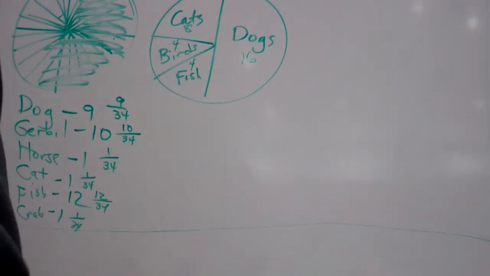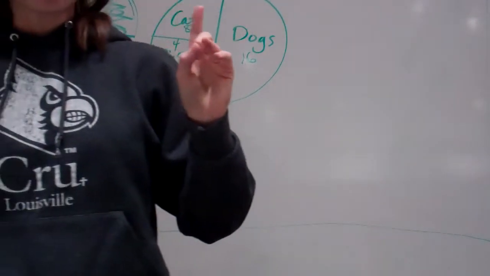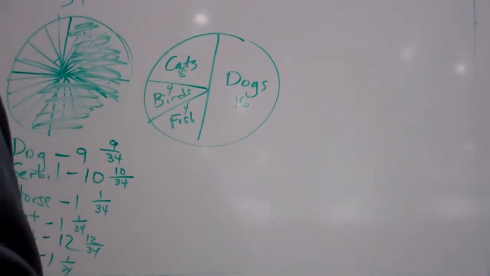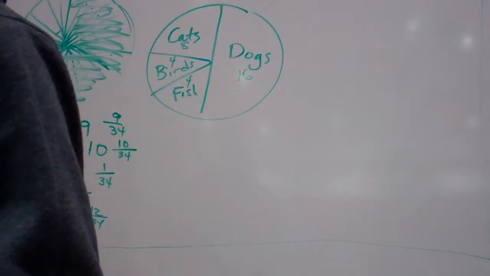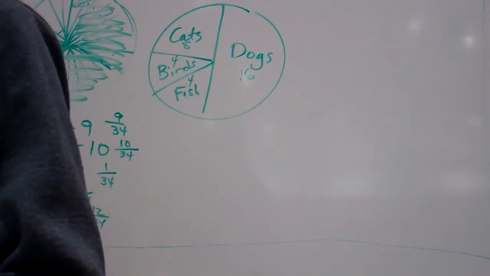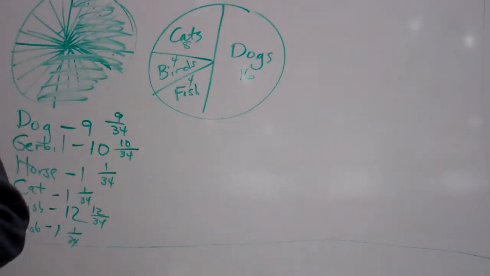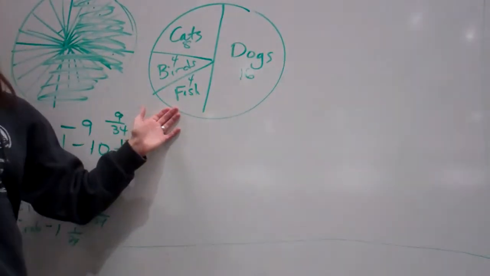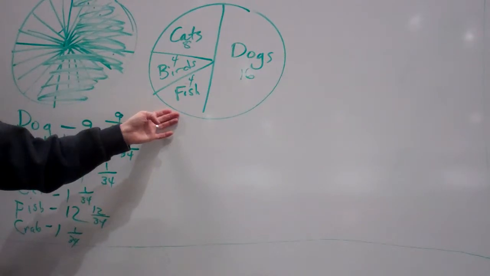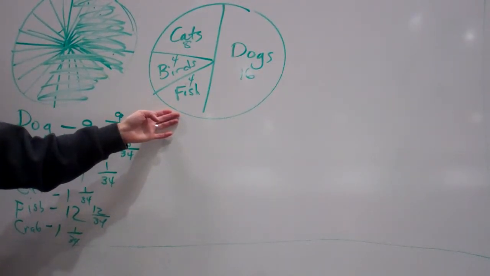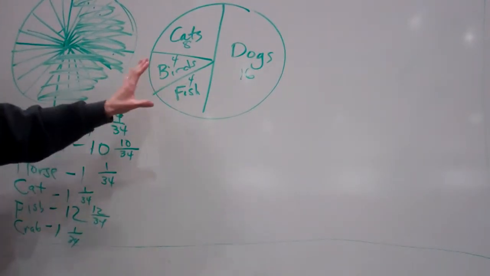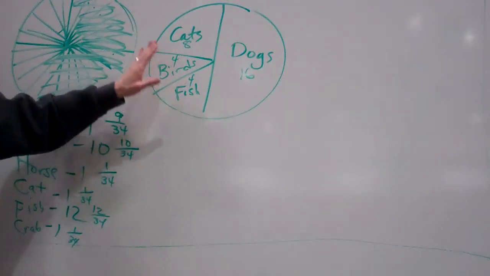Okay, now this is a trick question. So listen. What fraction of the pets are birds? If all of this is 32, then I would say 4 out of 32, right? There's 32 total, and 4 of them are birds.